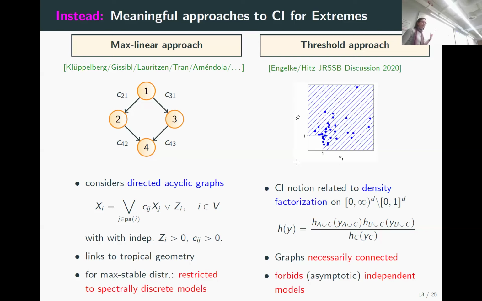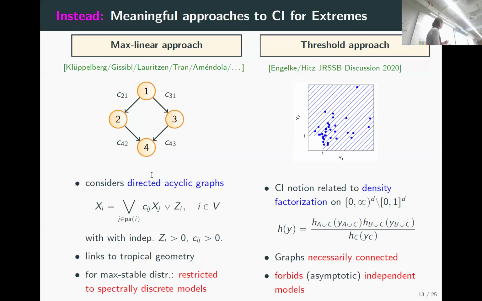But of course, there are also obstacles that haven't been quite overcome with these approaches. On the left-hand side, the max-linear approach struggles in the sense that it's not very realistic.